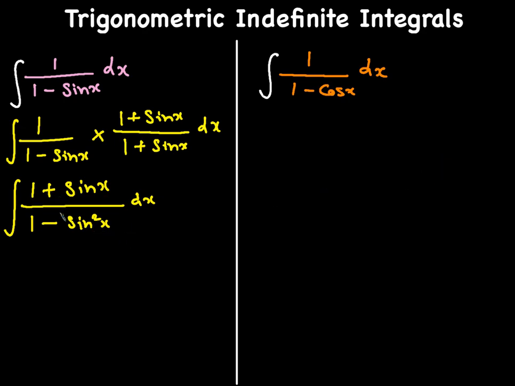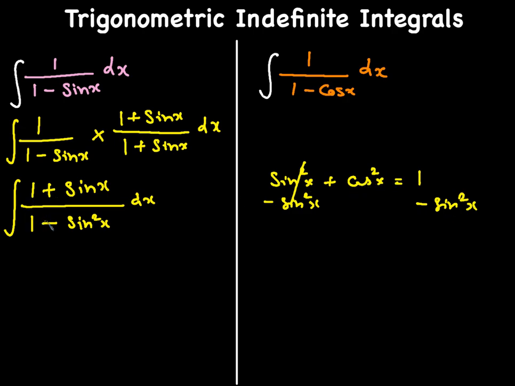So 1 plus sine x over 1 minus sine square x. Remember the trigonometric identity, sine square x plus cos square x is equal to 1. If we subtract sine square x from both sides, that gives me 1 minus sine square x is equal to cos square x.